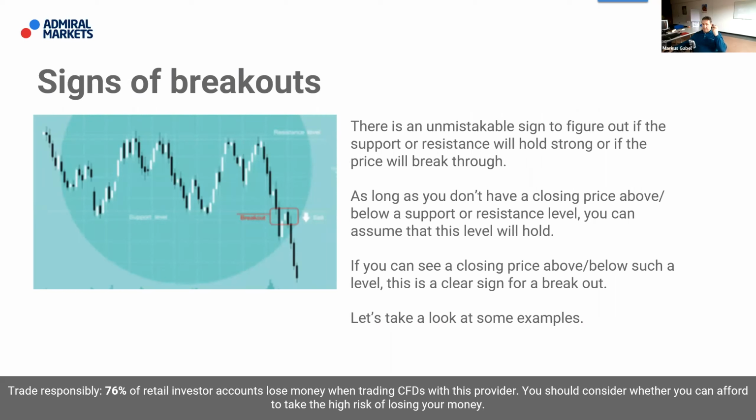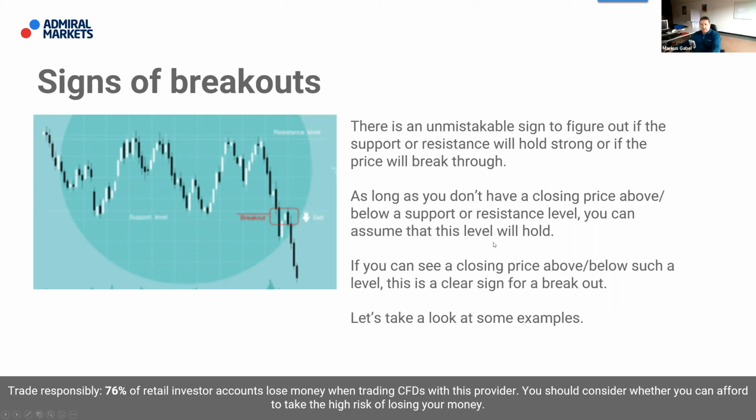Listen to it, guys. As long as you don't have a closing price, that's the secret word, the closing price above or below a support or resistance, you can assume that this level will hold. If you can see a closing price above or below, then this is a clear sign for a breakout.